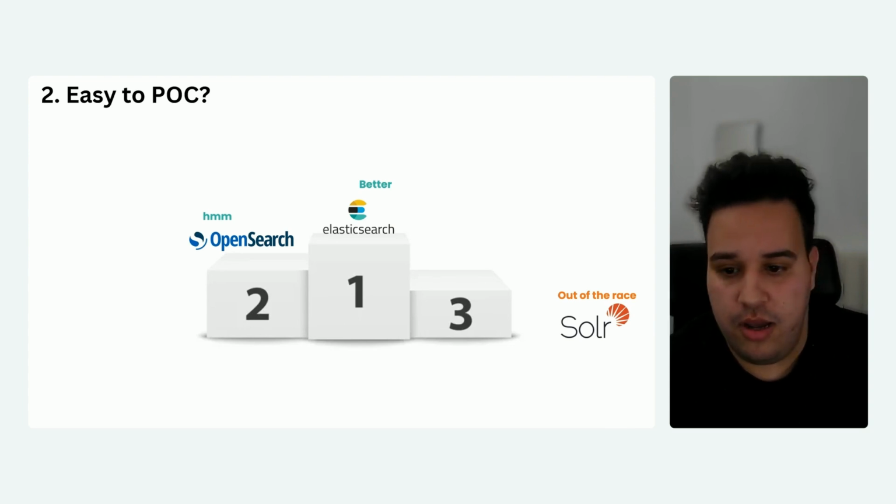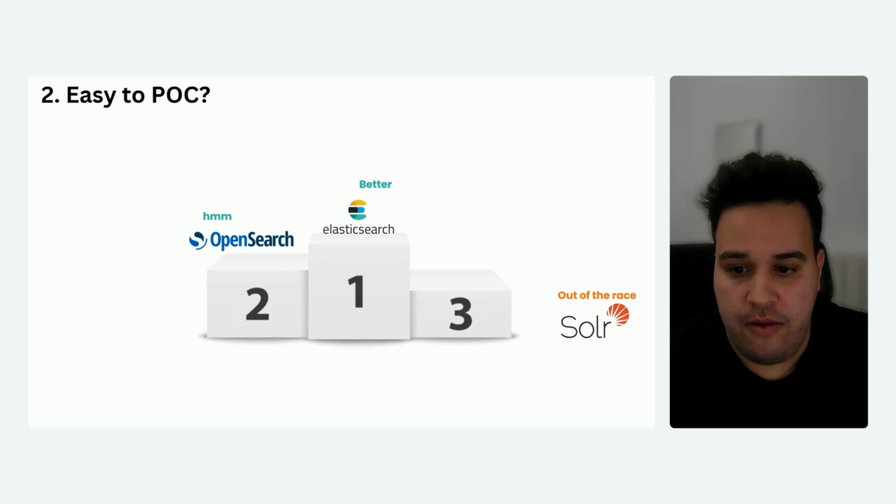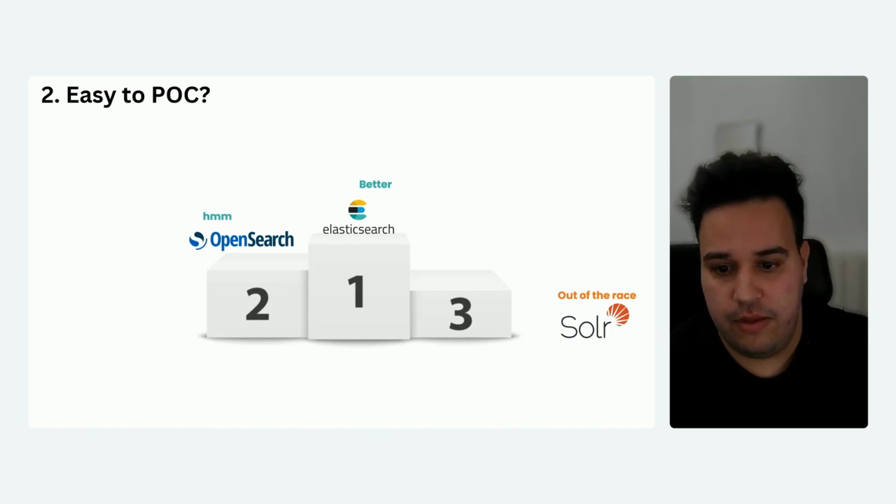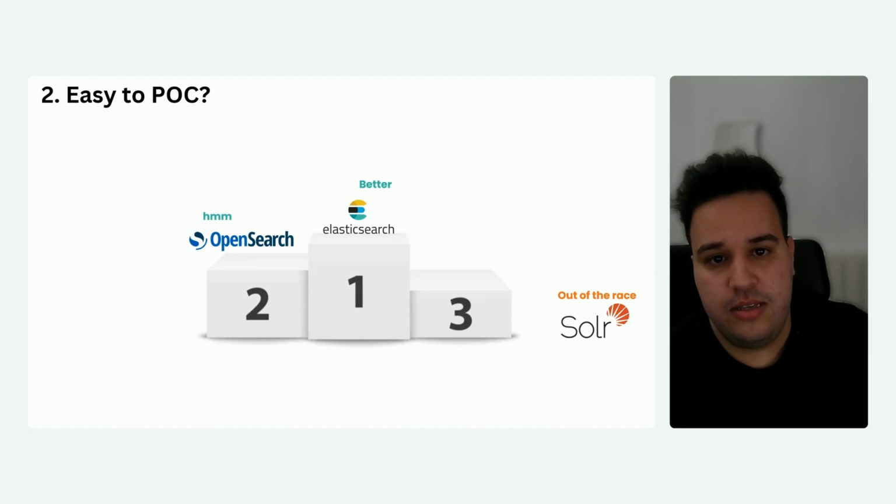They have a great UI as well. OpenSearch may have a great product behind the scenes, but their UI is not quite there yet, and the onboarding experience there might be a bit of a friction. And the free trial is also a good thing to provide the users with. So this was the second metric, or the second comparison, and we're going to carry on with the others in the second part of this video.